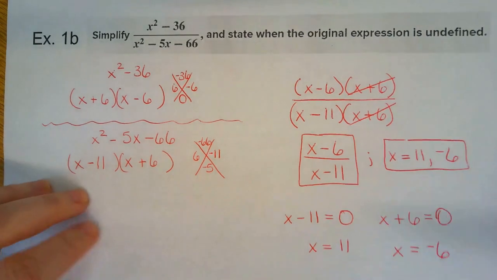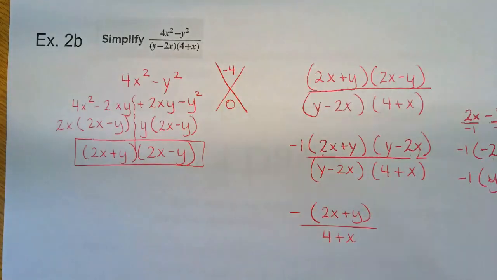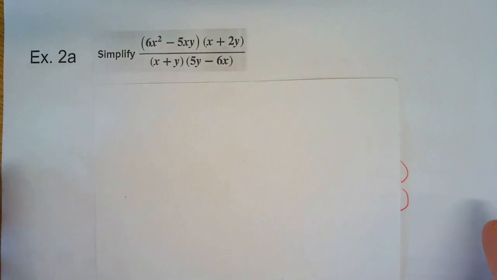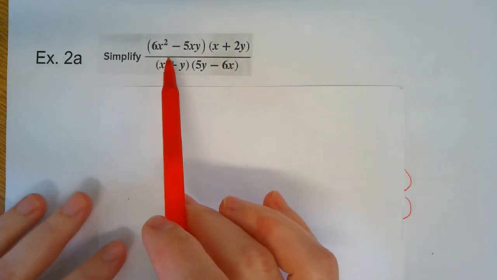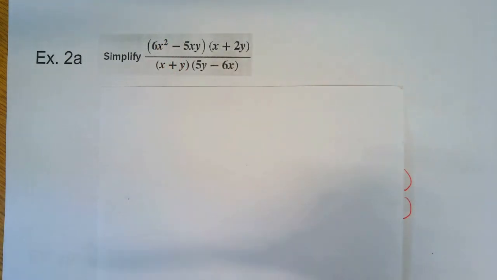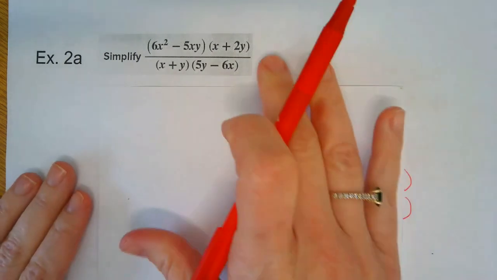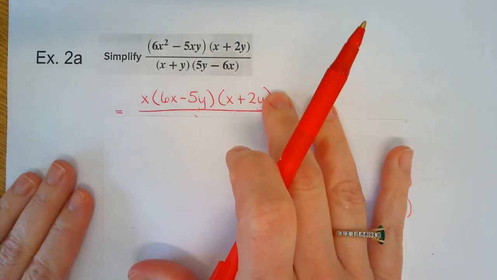Okay? All right, on the next ones, we're just going to keep getting a little bit bigger and a little bit bigger. So on the next one, you're going to see some multiple variables within your expression. And you're still going to do the same things where you're going to want to factor it as much as you can.